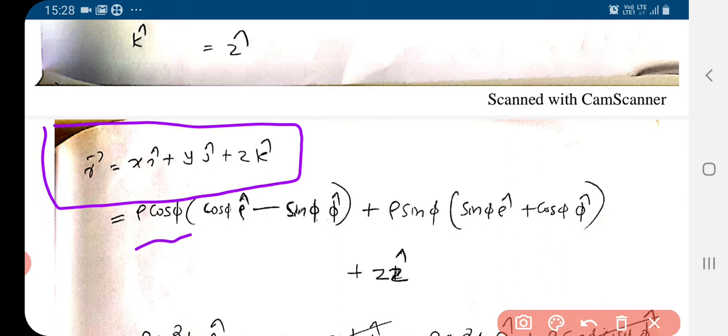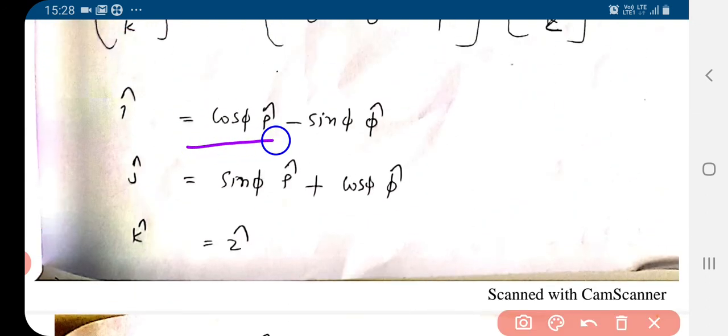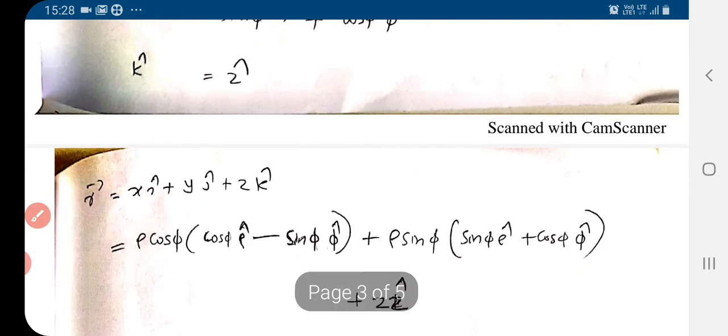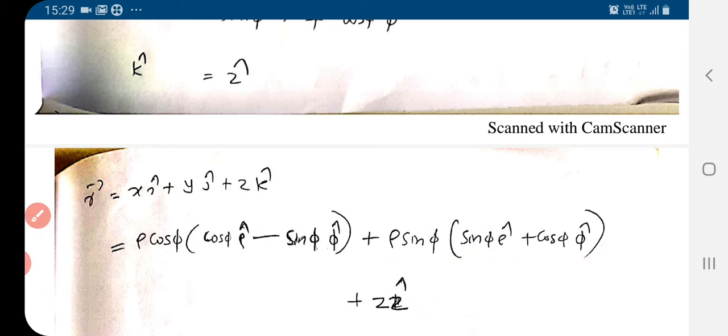So we have x, we know, that is rho cos phi. I am substituting this here. For j I have this, and that I am substituting here, and this is rho sin phi, plus z unit vector z.